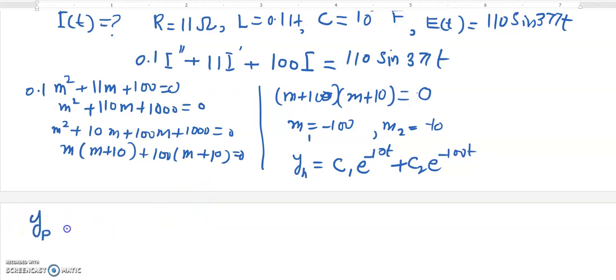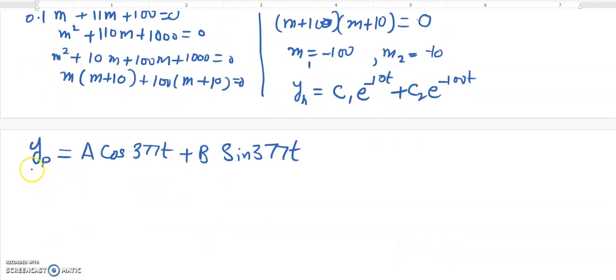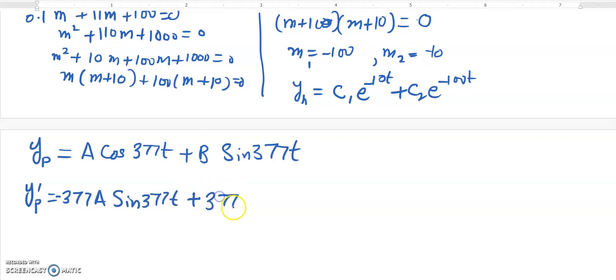So let's assume the particular solution. In this case, it will be like this: y_p = a cos 377t + b sin 377t. So y_p' will be minus 377a sin 377t + 377b cos 377t.